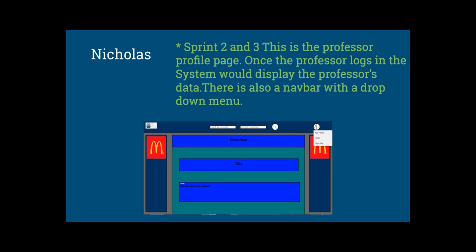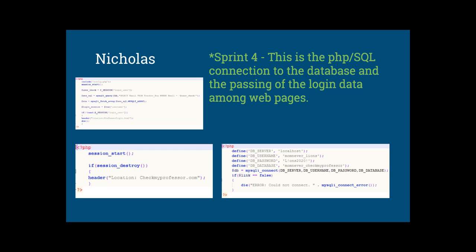You can't see it in this picture here, but you can scroll up and down, and the ads and the nav bar will remain in the same place, while the data would move up and down as they scrolled. This right here is the connection for the sessions, the PHP that connected to the database and kept the user logged in as they moved from page to page.